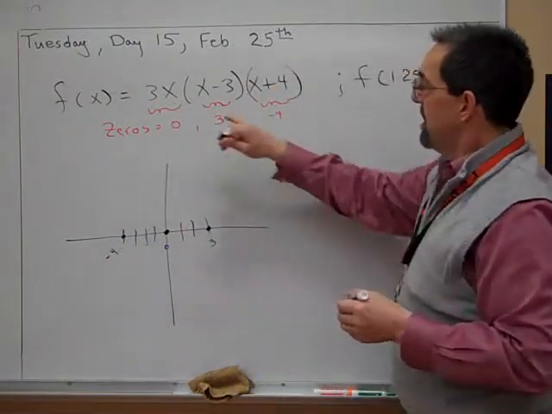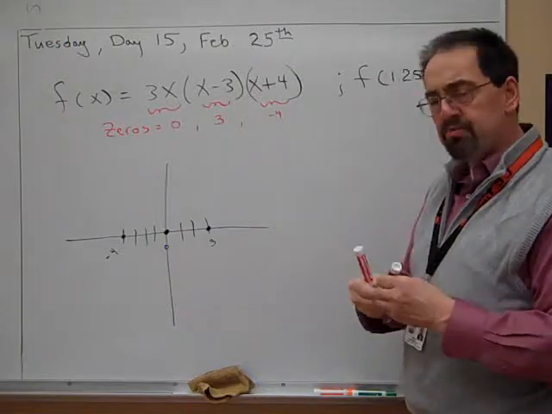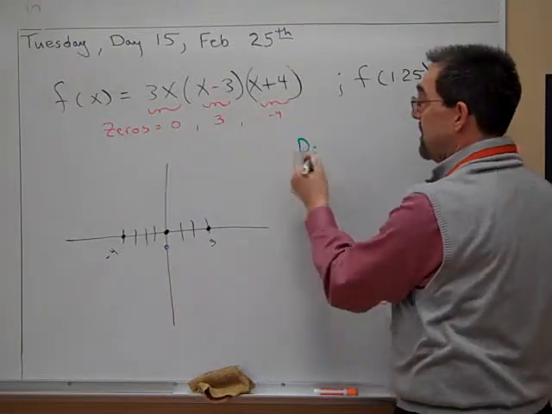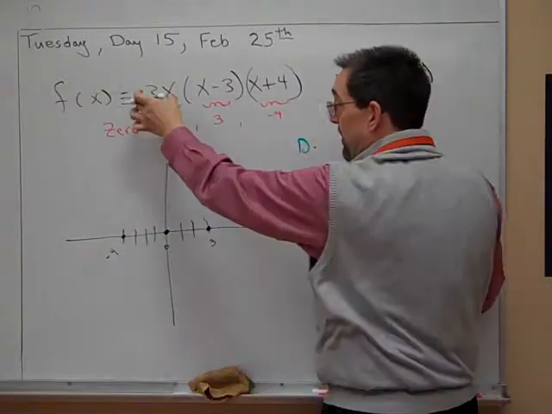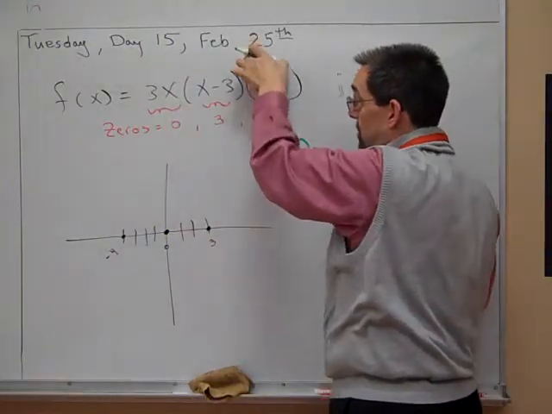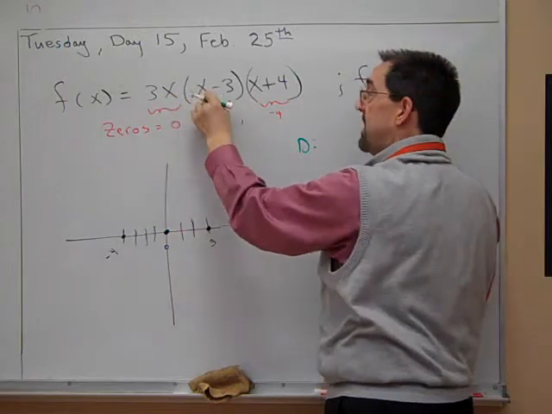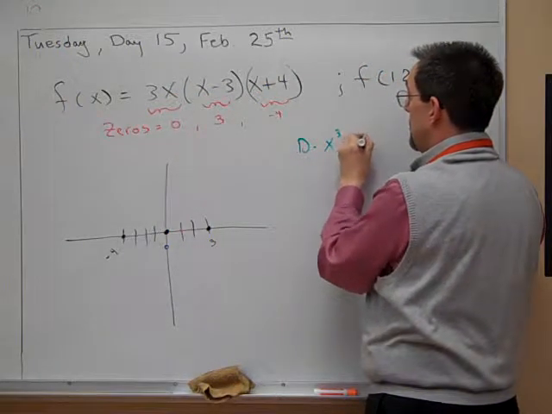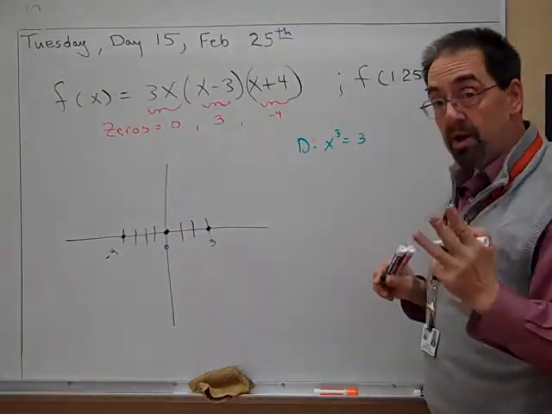Now, what's our degree? Let's recap a little bit here. The degree of this function, if we were to expand it out, this times all this times all this, x times x times x, x to the third. So it's a third degree polynomial.